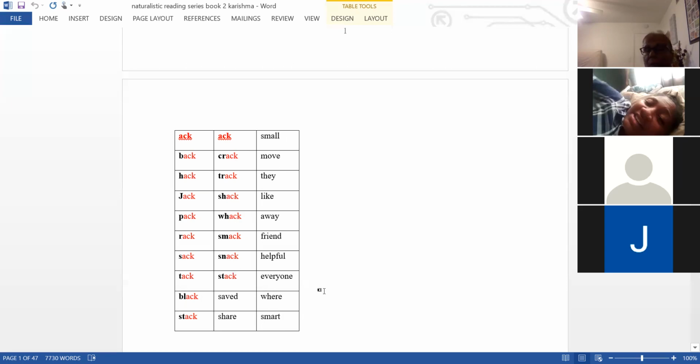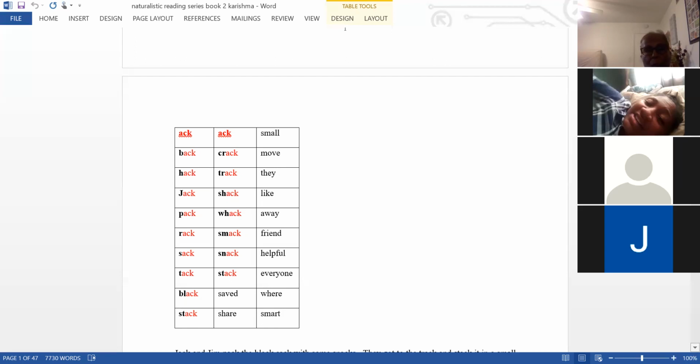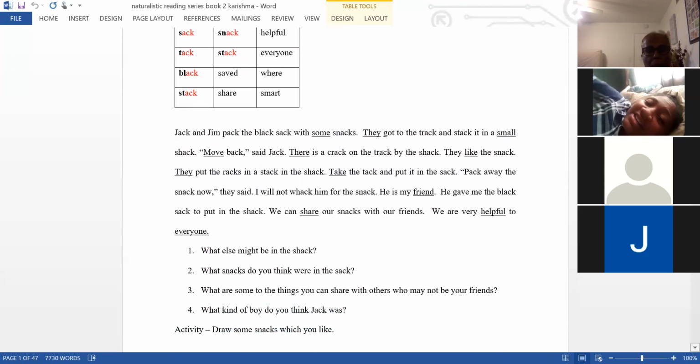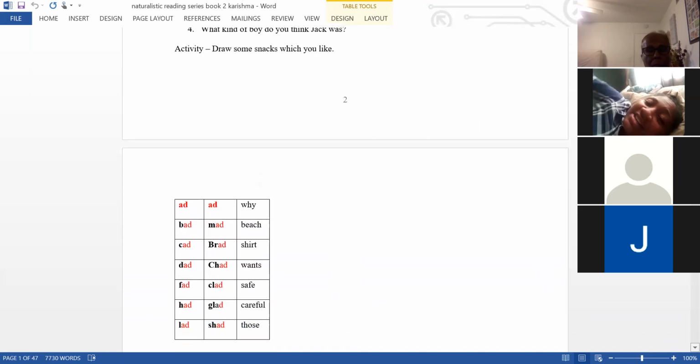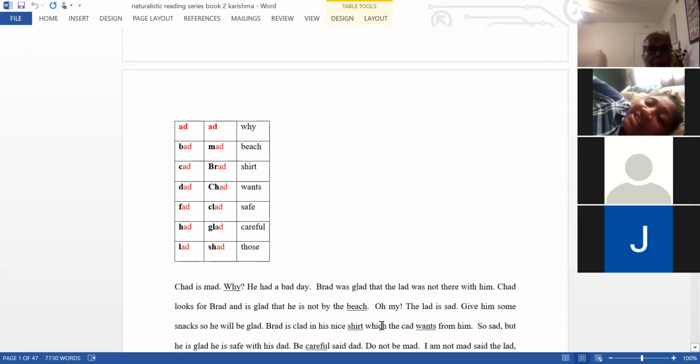They spell these words, they say these words. These are the words in the lesson. Again, they get the add sound. Remember book 1, they had add and they had some of these words. Now we have Brad and Chad, cl add, gl add, sh add.